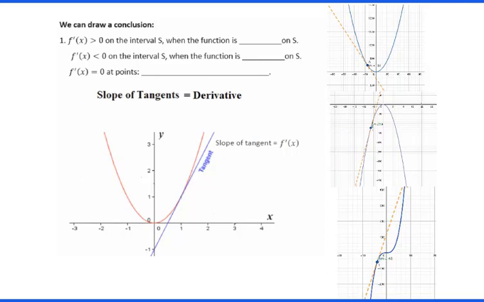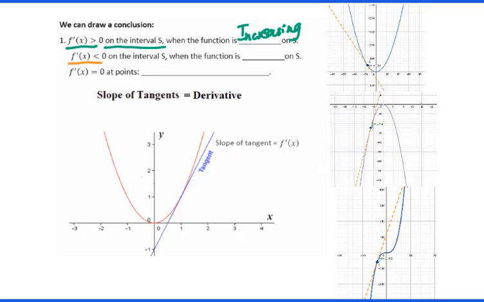From the investigations of the slope of a tangent line in different functions, we can draw a conclusion. The derivative of f of x greater than 0, which means the slope of a tangent line is positive on certain intervals, means the function is increasing in that interval.